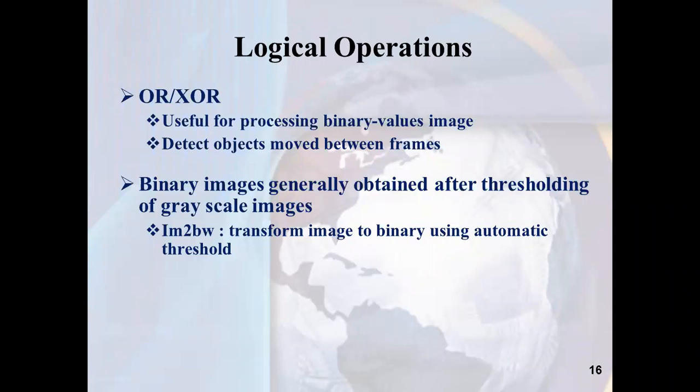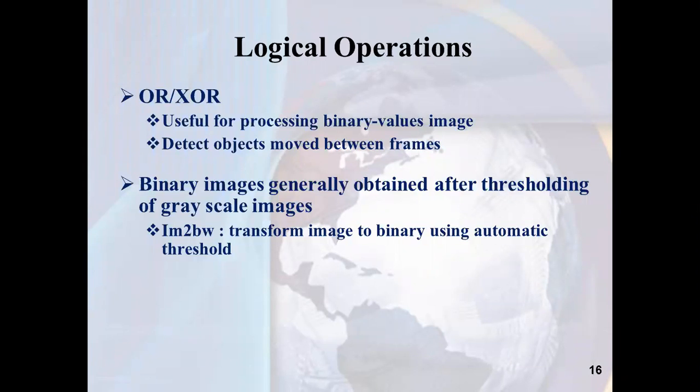In binary images, it's not necessary that each pixel is represented by one bit. The pixel may be represented by 8 bits, but we only have two colors on the image, the foreground and the background.